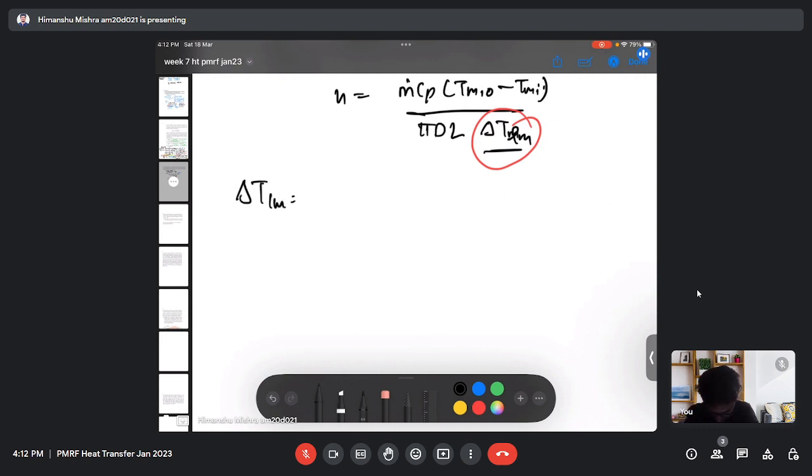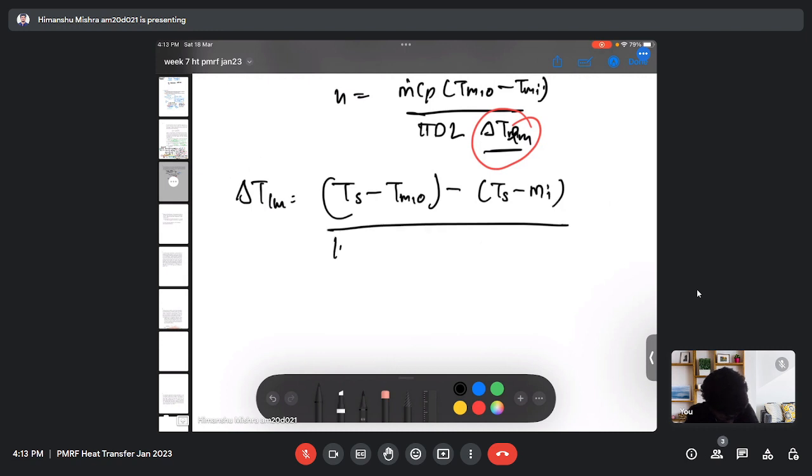My log mean temperature difference will be given by this relation.